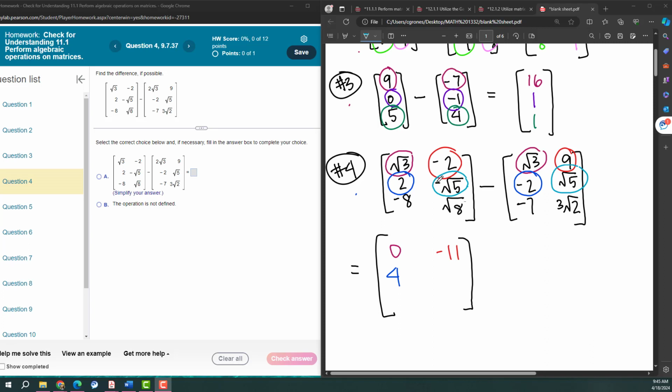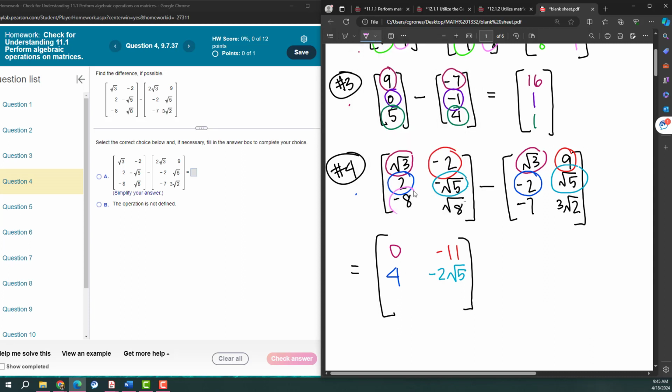In this case, we have 2 square roots of 5 being joined together. And since we have our negative and then a minus, it's going to stay negative. So we have negative 2 square roots of 5.